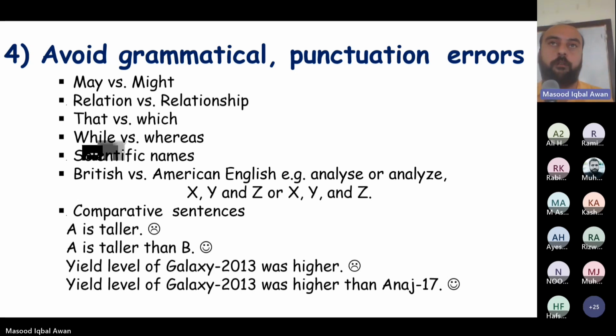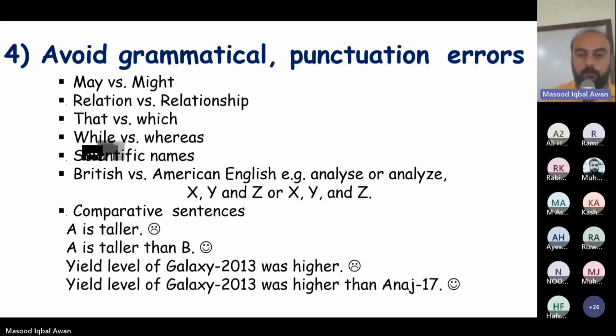For example, fertilize may be spelled differently. Then we talk about punctuation: X, comma, Y, and Z. This is the British style.